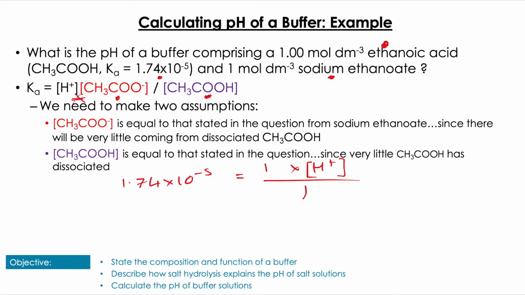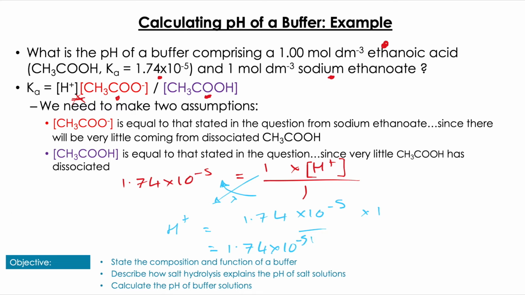From here, we're just going to rearrange by multiplying through by 1, then dividing through by 1. Very nice, easy calculation here. So we get H+ is equal to 1.74 times 10 to the minus 5 multiplied by 1 over 1, which is, of course, 1.74 times 10 to the minus 5.